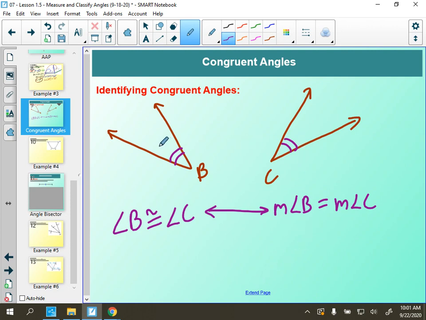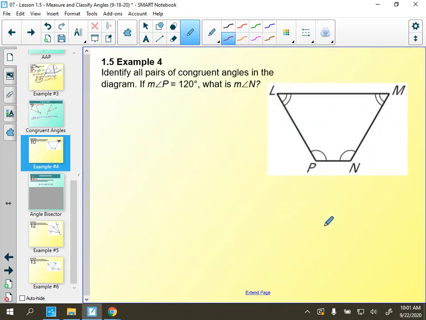If we knew two angles had the same measure, 30 degrees and 30 degrees, I would know that they're congruent. Or I could say, hey, they're congruent first, and then maybe later find the angle measures to be the same. So a real quick example here is identify all pairs of congruent angles. I'm just looking at the markings to tell me that. So I can see very clearly here that angle L is congruent to angle M, just purely on the markings.